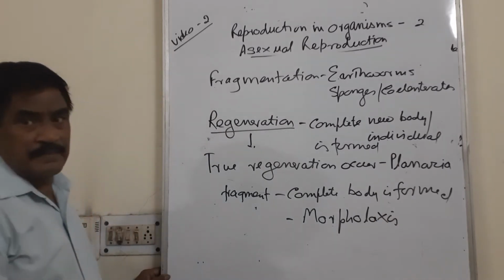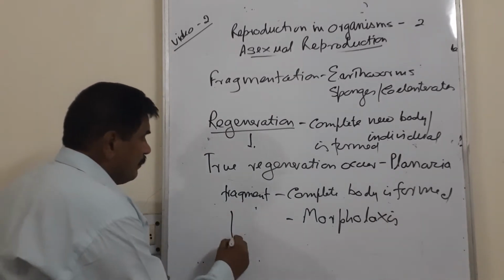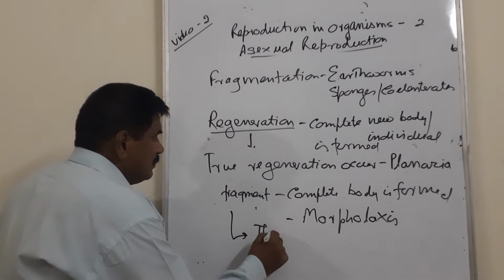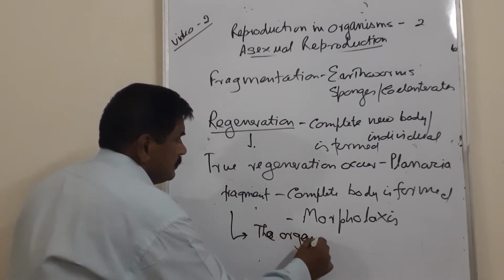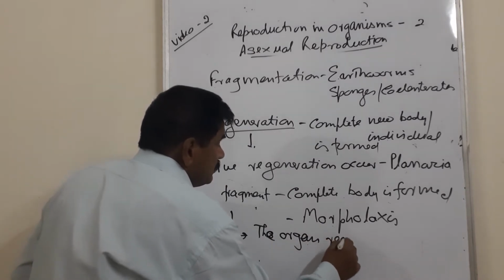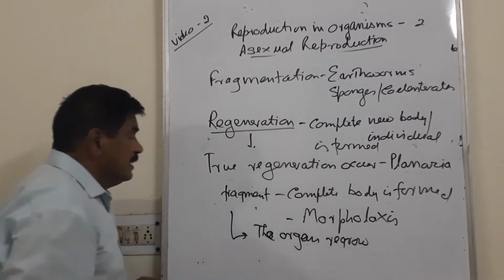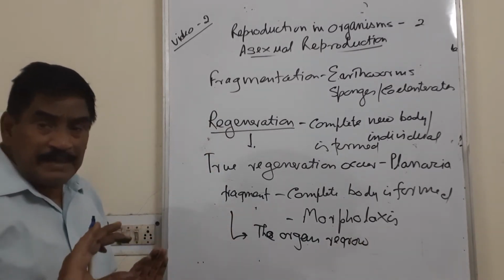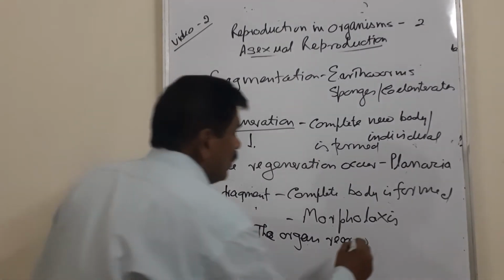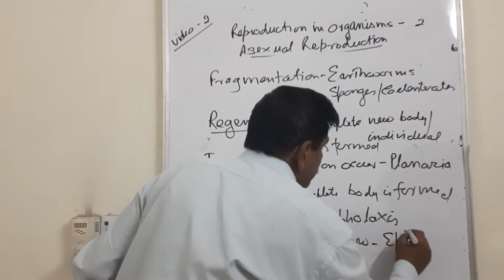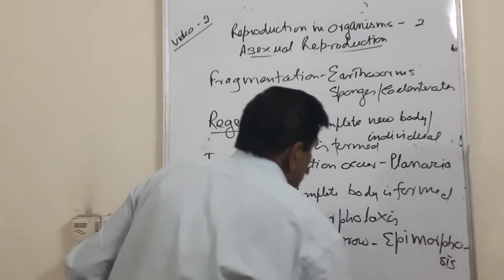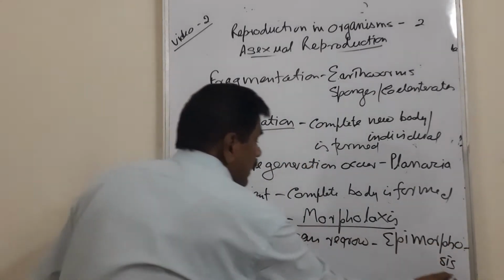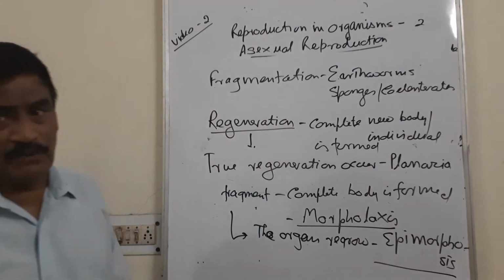But if from the fragment the organ regrows, meaning from the fragment the complete organ is formed, it is called epimorphosis. So 2 terms are very important: morpholaxis and epimorphosis.